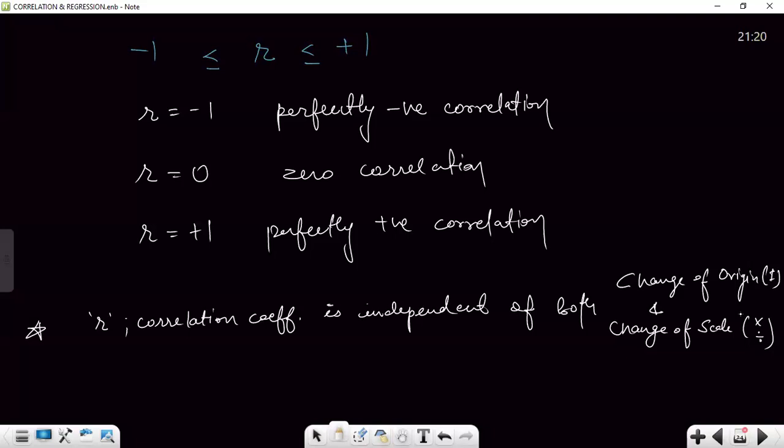It is just a different topic, right? So it's not a measure of central tendency or measure of dispersion. Let me also write it somewhere.